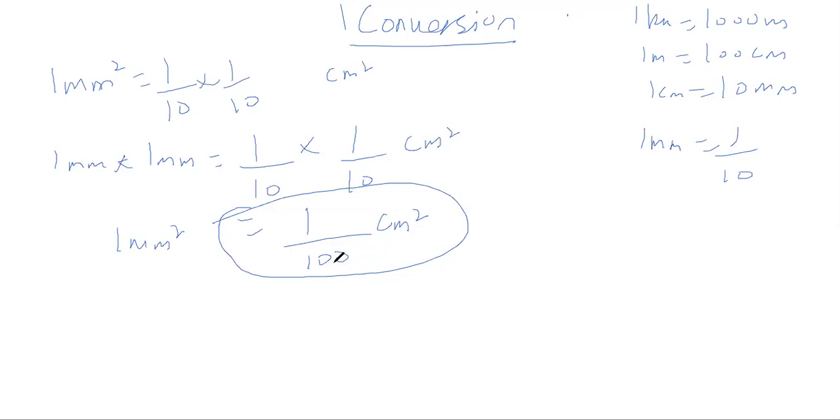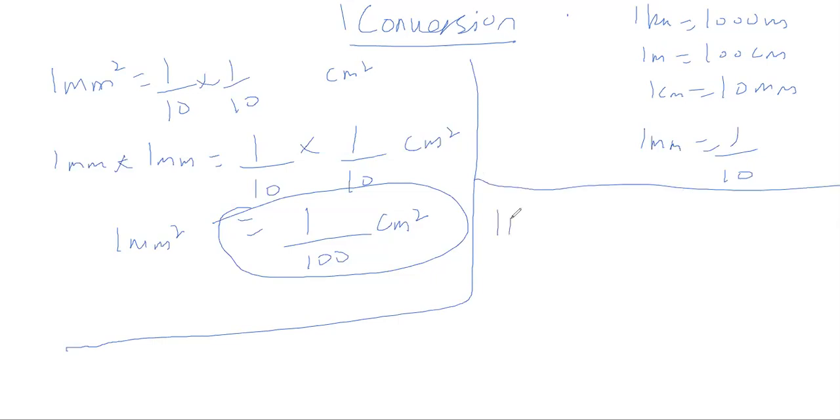I hope it is clear, everybody, right? Now let's move on to the next one. 1 millimeter square is equal to how many meters square? So you know that 1 meter is equal to how many centimeters? 100 centimeters.